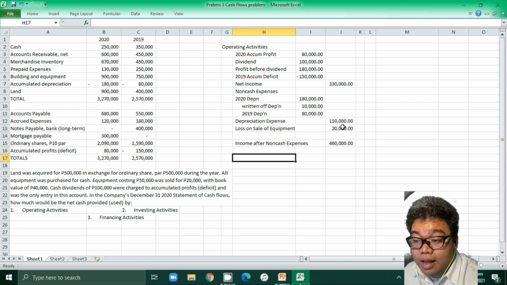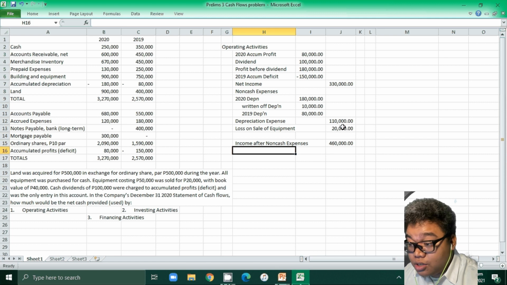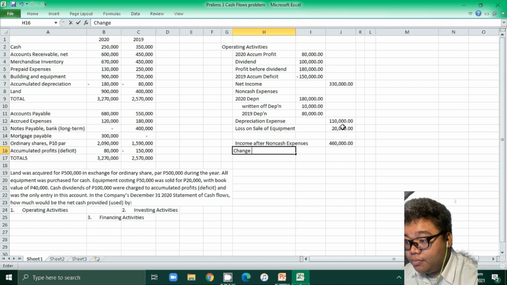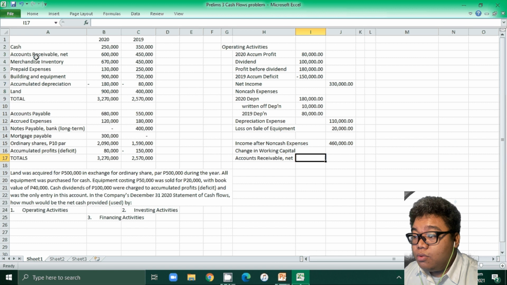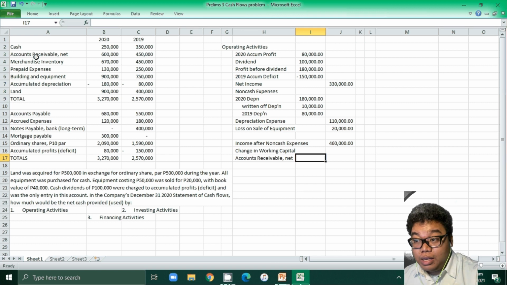Now we will have the change in working capital. This would be the current assets and current liabilities. So we have accounts receivable. When a current asset increases, it means that there is an increase in investment of that current asset, which in turn is a decrease in cash because, for example, the accounts receivable were not collected.